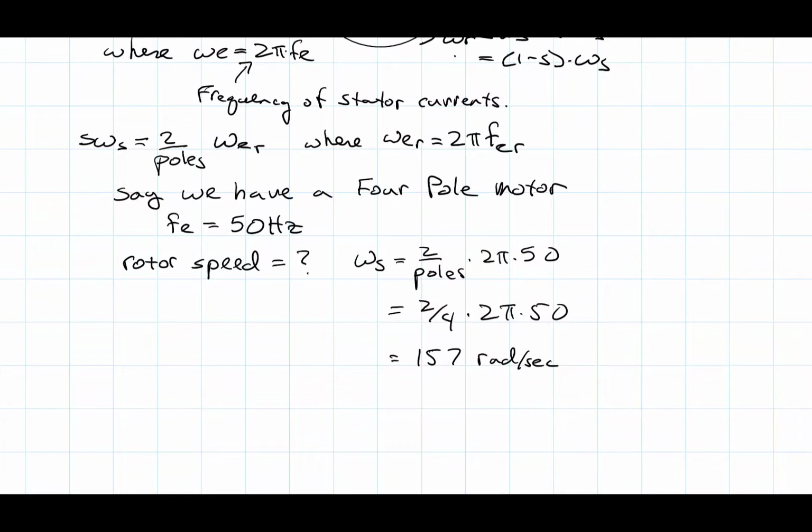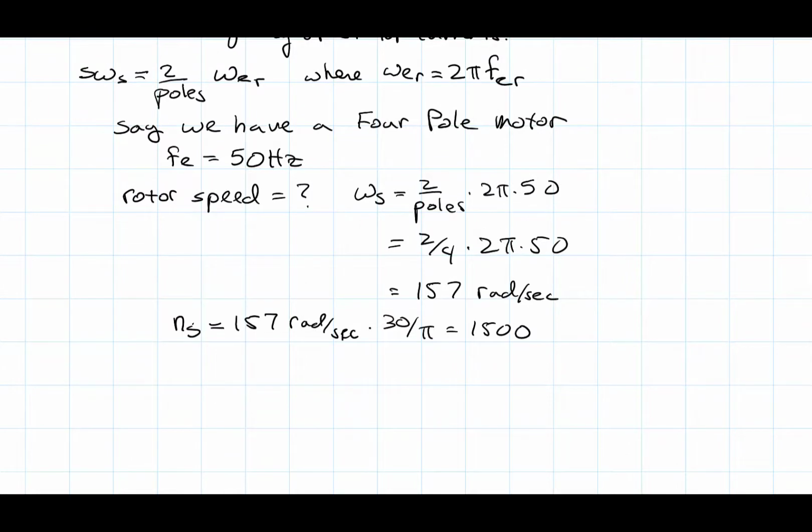I'm going to convert this into RPM. The synchronous speed in RPM would be 157 radians per second multiplied by the ratio 30 over pi, and so that means it's 1500.